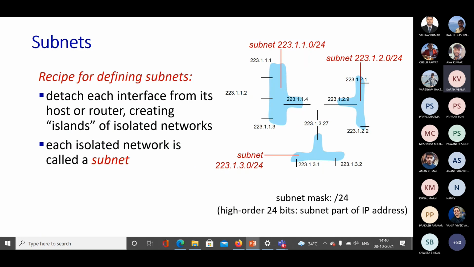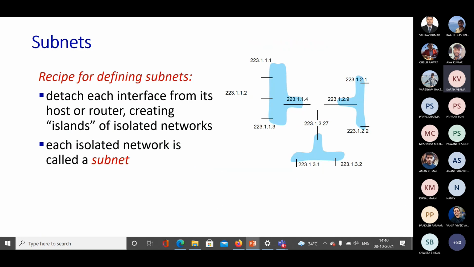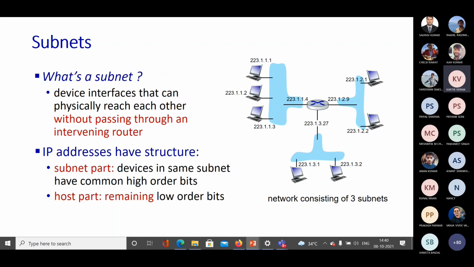Let me go back to the definition. What is the definition of a subnet? Device interfaces that can physically reach each other without passing through an intervening router. A router is also a device. What is an interface? An interface is the way to allow your device to physically attach or communicate with the transmission medium, right?